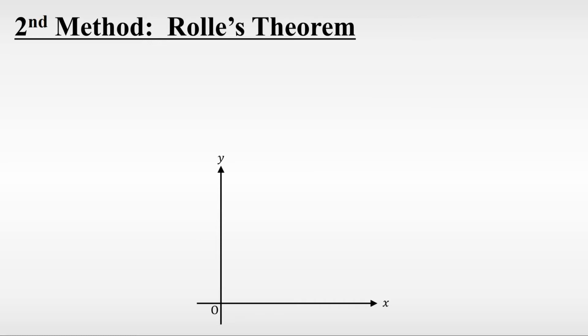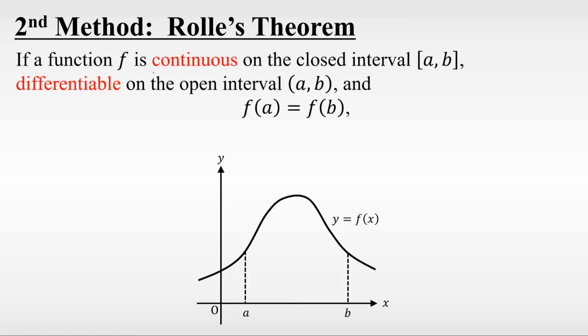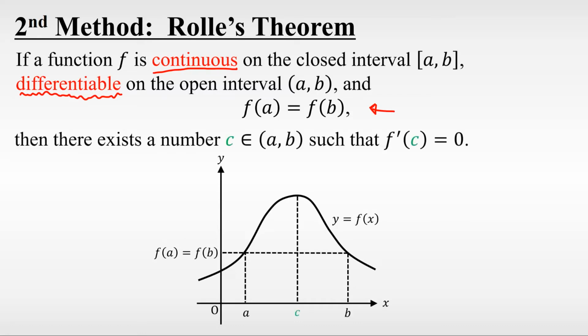So the theorem is, if a function f is continuous on the closed interval [a, b], differentiable on the open interval (a, b), and f(a) equals f(b), so like this, the function has the same value at x equals a and x equals b, then there exists a number c in the open interval (a, b) such that f'(c) equals 0. So there exists a point c where the value of the derivative becomes 0 at that point.